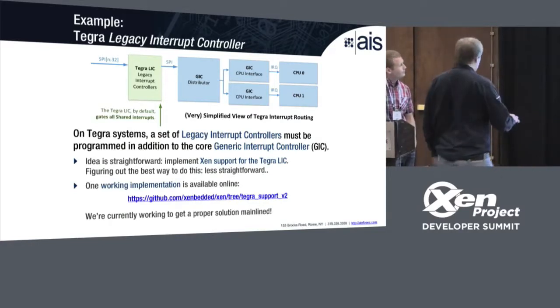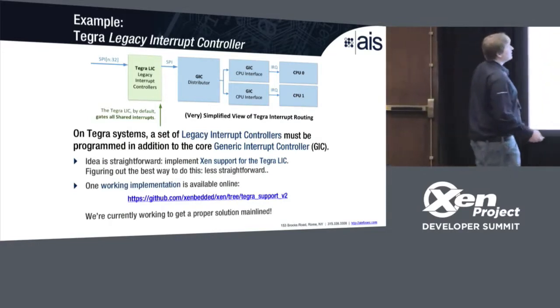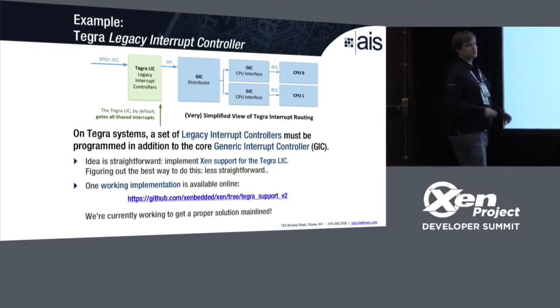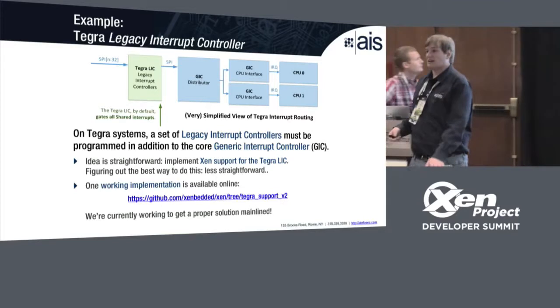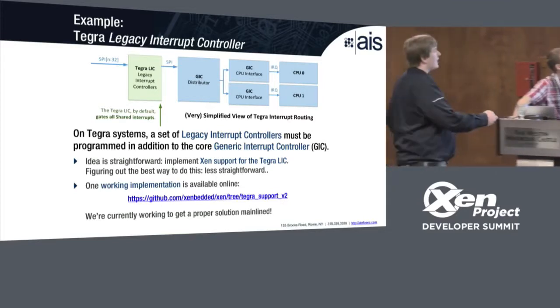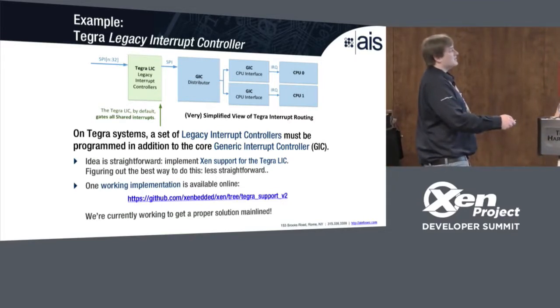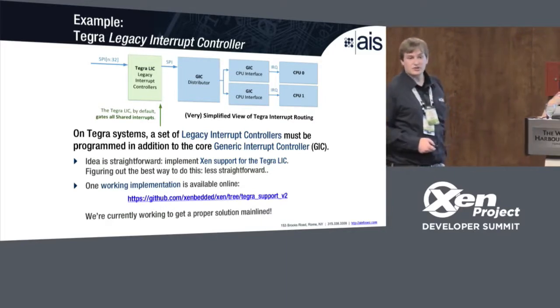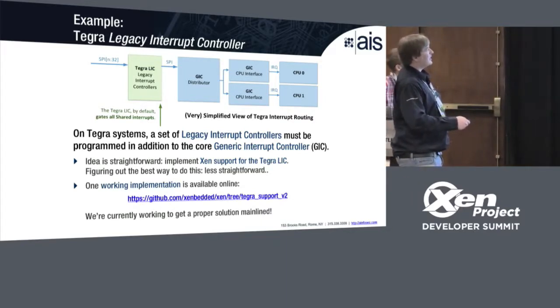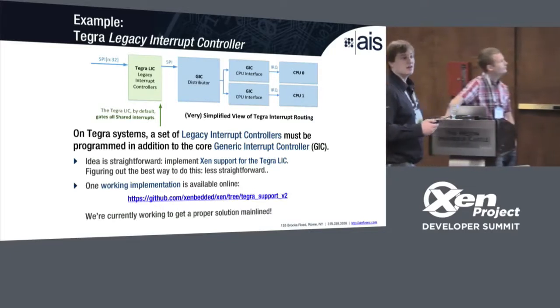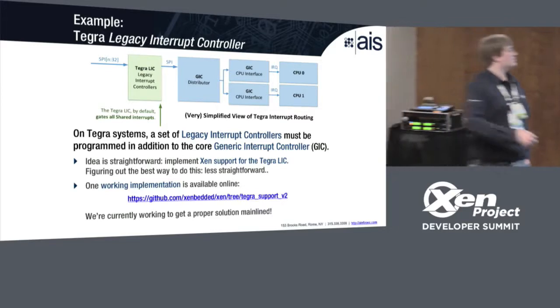So on the Tegra devices, normally you have what's called the GIC distributor. That's the generic interrupt controller's distributor, handling all of your IRQ distribution via these CPU interfaces to your normal CPUs. So normally an interrupt request is delivered to the GIC and populates its way over to the CPUs. If you set up the GIC correctly, you're capable of receiving those interrupts.